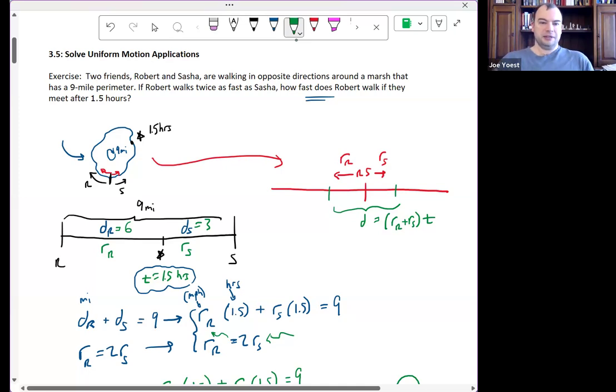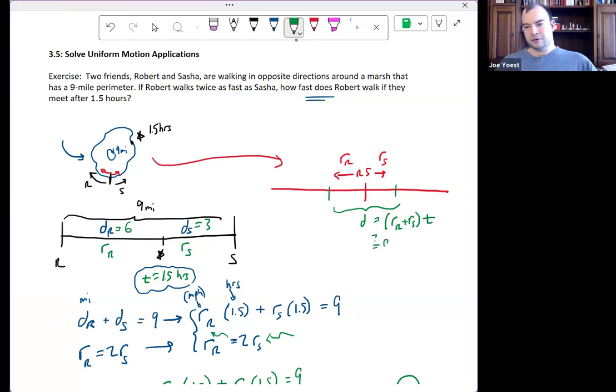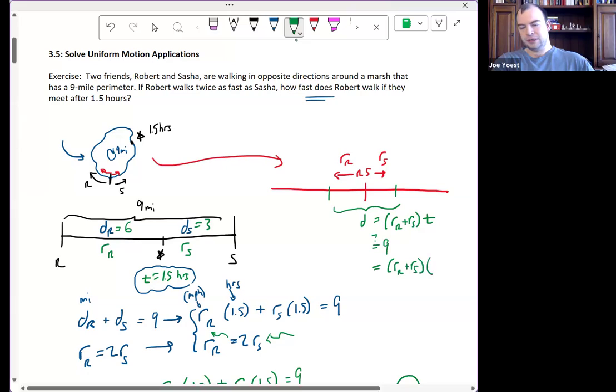And they meet up on the other side of the marsh when this distance is 9 miles, when they've covered that whole perimeter, 9 miles. They meet up on the other side of the marsh when they've covered 9 miles, but that's whenever the time is 1.5 hours later.